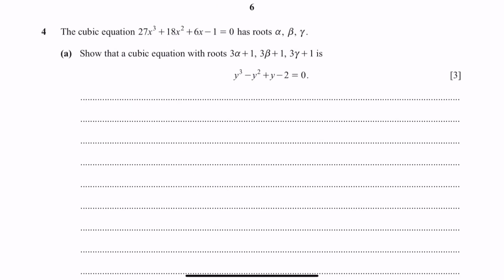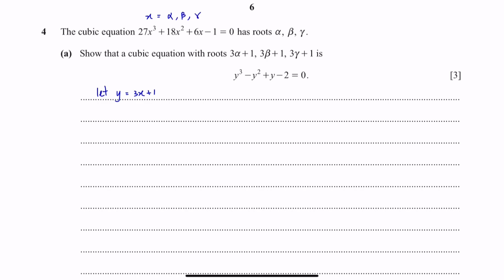For question 4, this equation has roots alpha, beta, and gamma. And we need to find another equation with roots of 3 alpha plus 1, 3 beta plus 1, and 3 gamma plus 1. So first, we need to let y equals 3x plus 1. Why is that so? The first equation has the roots x equals alpha, beta, gamma.